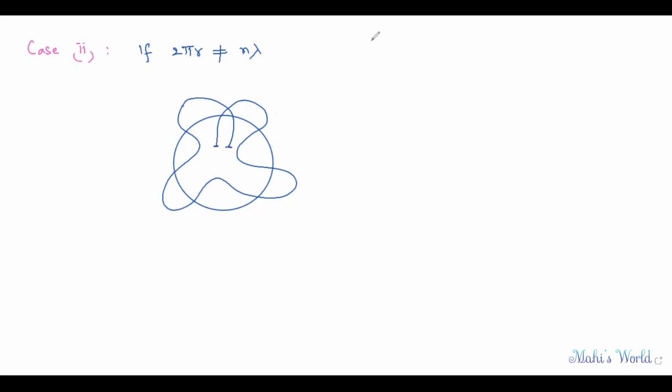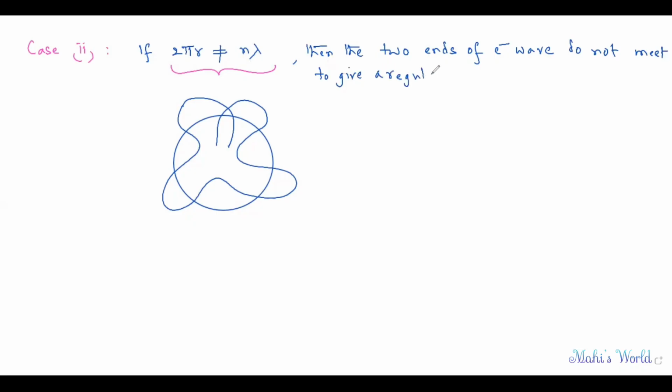One is here and the other one is here. If 2 pi r is not equal to n lambda, then the two ends of the electron wave do not meet to give a regular series of crests and troughs. Do not meet is very important.